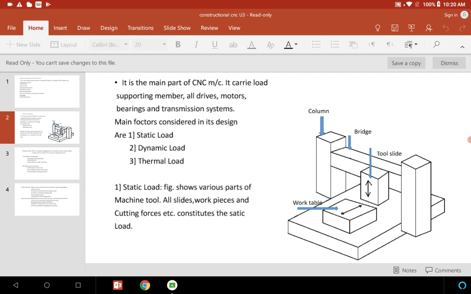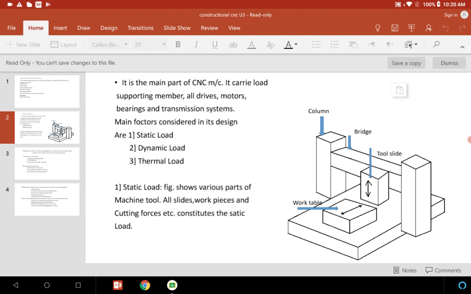Moreover, this main part, the machine structure, is mainly designed based on how much load it can take. What is the load? Is it the dead load or cutting force load, whatever it may be. Based on that, it is designed.